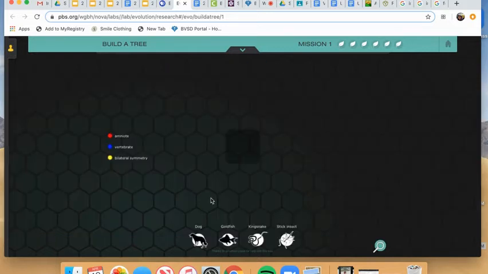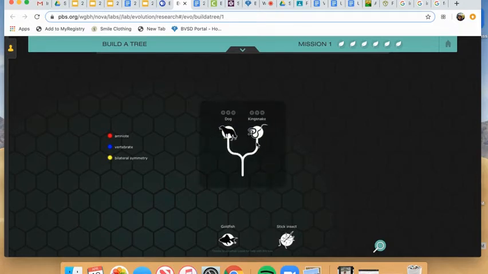Okay, so back to my tree. And the first key point that I remember from reading about was that the dog and the king snake had everything in common. So I'm going to put those 2 on my tree first. And I'm going to put them side by side because they shared all 3 traits. The next is the stick insect.